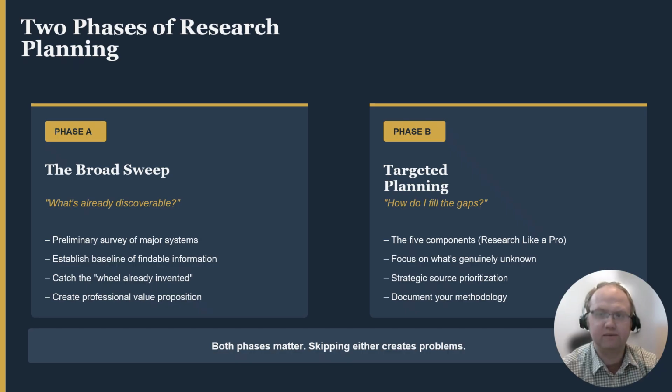Research planning has two phases, in my experience, that serve different purposes. Phase A is what I call the broad sweep. This is where I survey major systems to establish what's already discovered or discoverable. This due diligence catches work that's already been done.